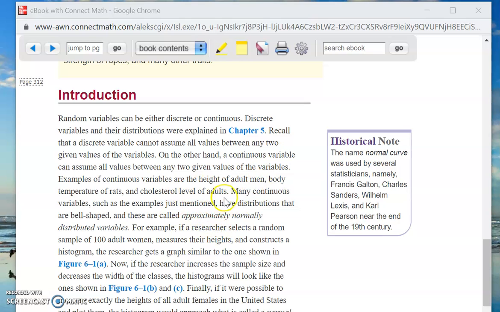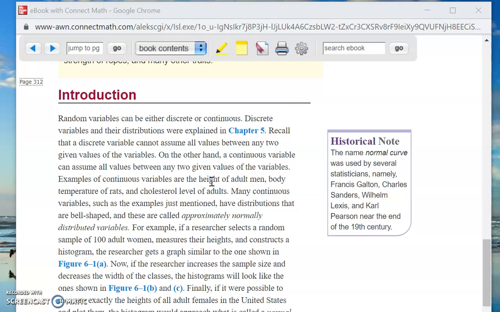Okay. I guess the first thing that we need to make sure we understand is that this is chapter 6, and we're talking about the normal distribution. This relates only to continuous variables. Now, it's a little tiny bit unfortunate that the author didn't put that in the chapter title. Chapter 5 was discrete probability distributions.